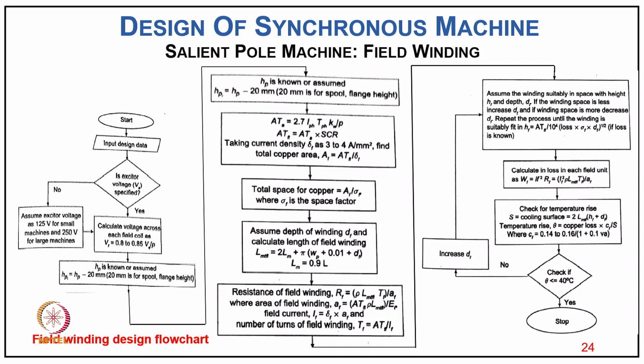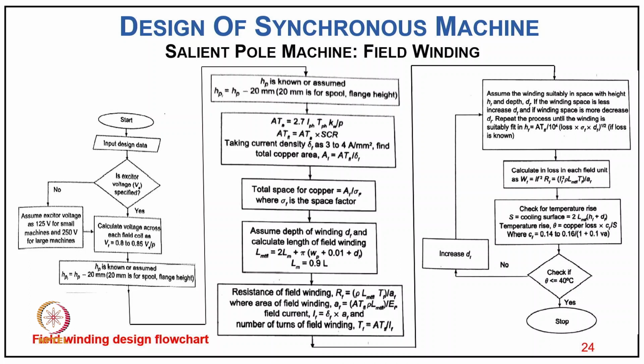Or assume HP1 equal to HP minus 20 millimeter for spool. If HP is not known, assume HP equal to this minimum. Then calculate ATA equal to 2.7 IPS TPH kW upon P, and ATF equal to ATA into SCR, taking current density sigma 3 to 4 ampere per meter square.